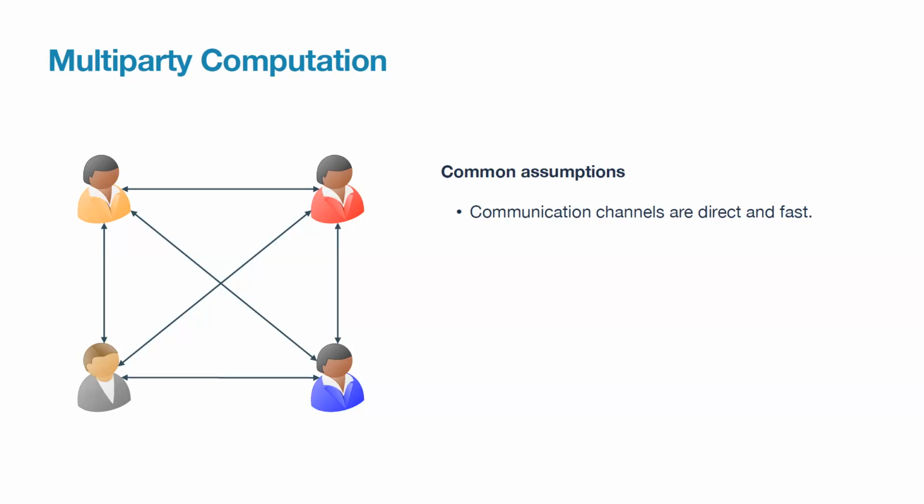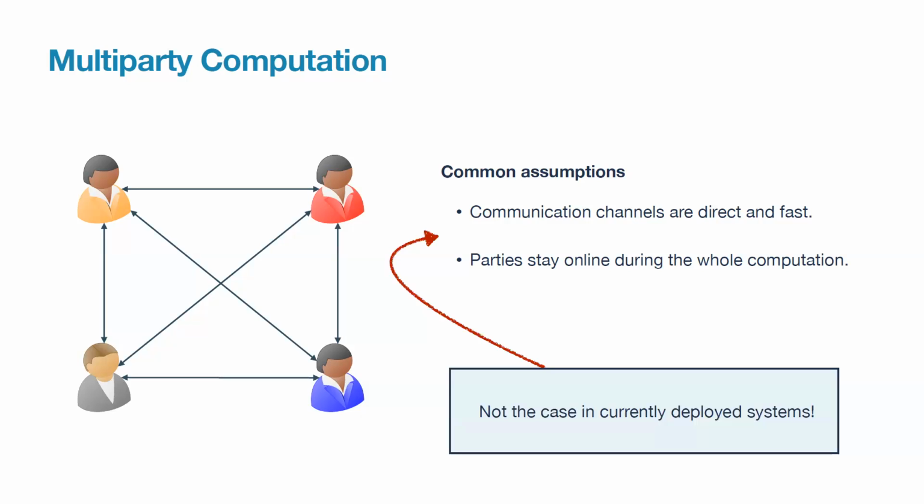As the number of parties grows, this can quickly become unfeasible. Another assumption is that all the parties will stay online throughout the whole computation. If some party drops out for a while, either because they lack resources or some other reason, the protocol will just abort and all the work that has been done is lost.